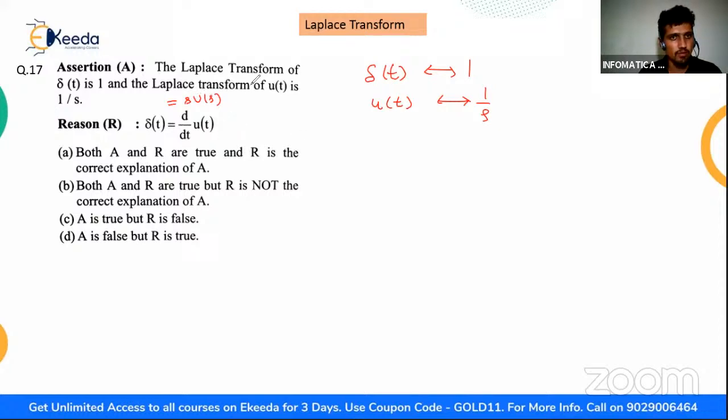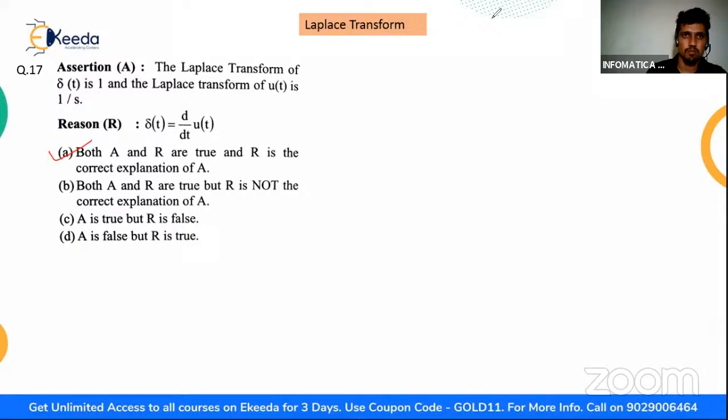Yes, and we can say it is the correct explanation also. Why? Because to get the Laplace transform of del t, we use the differentiation property. So both are true and the correct explanation also. So we can say A is the answer. Now let's go to the next.